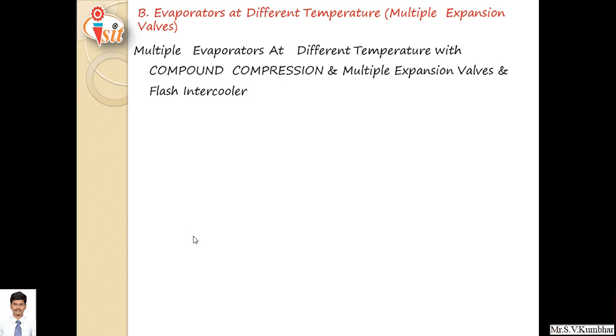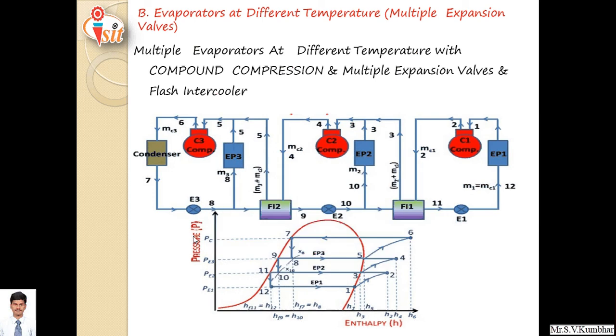Next, evaporators at different temperature, multiple expansion valve. So here multiple evaporators at different temperature with compound compression and multiple expansion valves, and a flash intercooler is used between these refrigeration systems. First the first refrigeration system works, after that the refrigerant is sent to the flash intercooler, then the second refrigeration system works, then this refrigerant is sent to the second flash intercooler, and this system works.